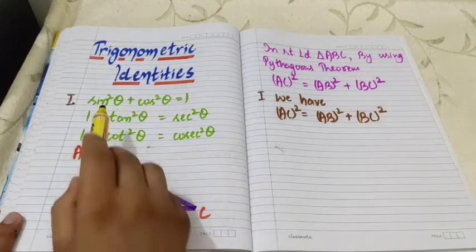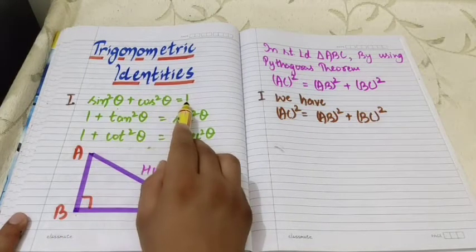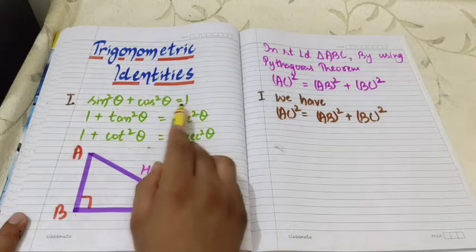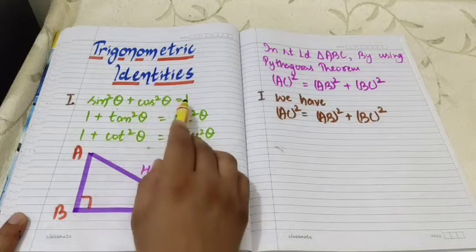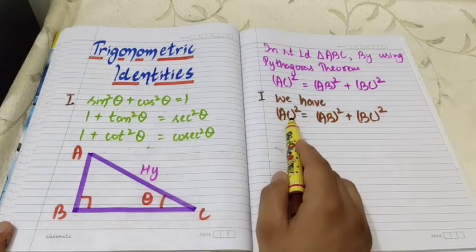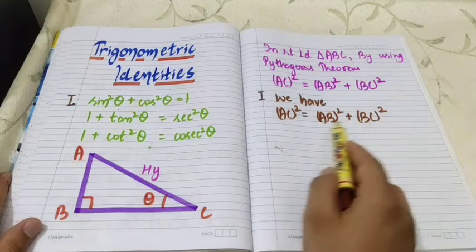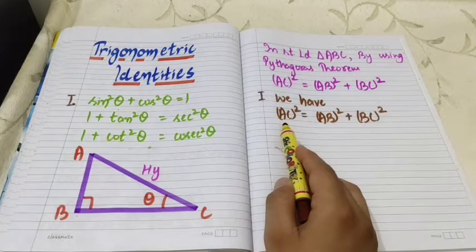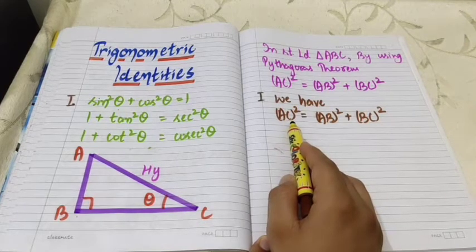And in the first identity, we want sin square theta plus cos square theta equals 1. Or we can say that the sum of squares of two trigonometric ratios should be equal to 1, which is one term. It means if we relate this identity with this equation, then instead of AC square, we need 1.